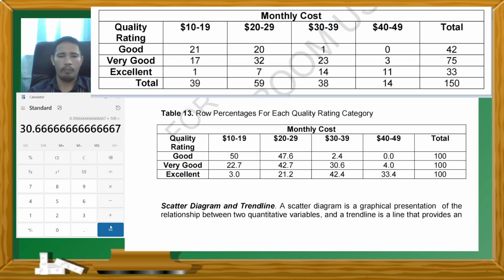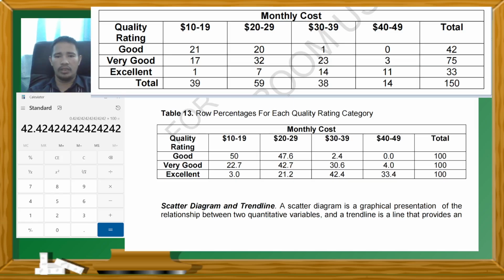And we have 14 divided by 33 times 100 equals 42.4.